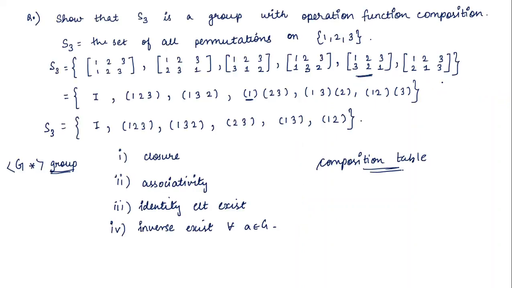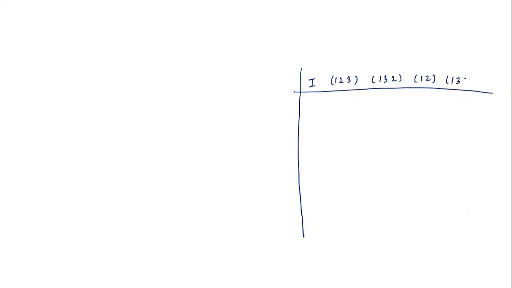Let me put identity here, then (1 2 3), (1 3 2), (1 2), (1 3) and (2 3). So identity, (1 2 3), (1 3 2), (1 2), (1 3), (2 3).